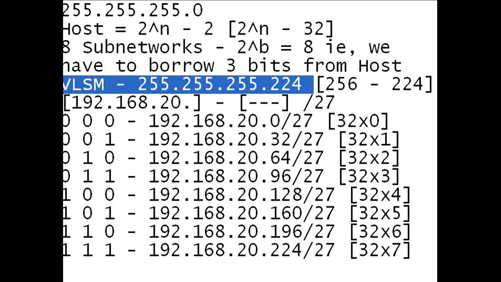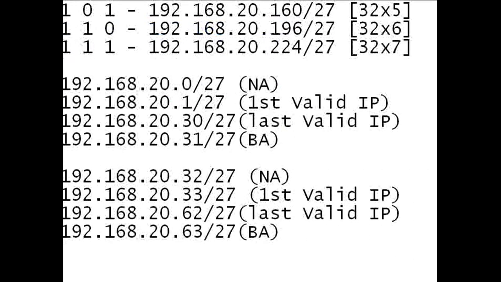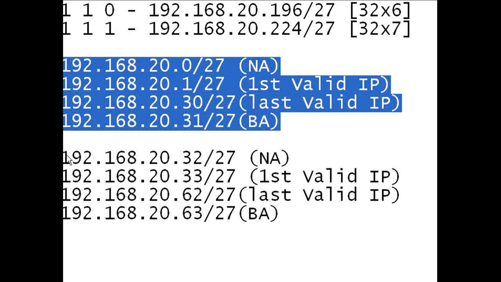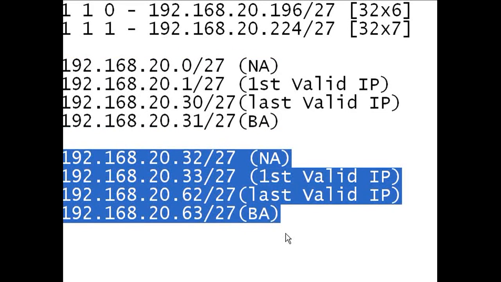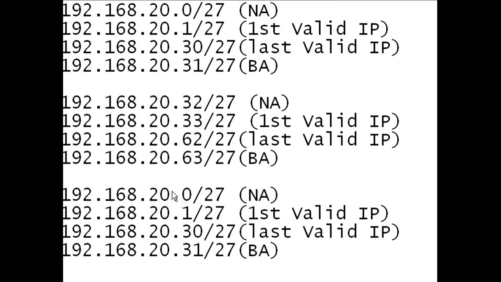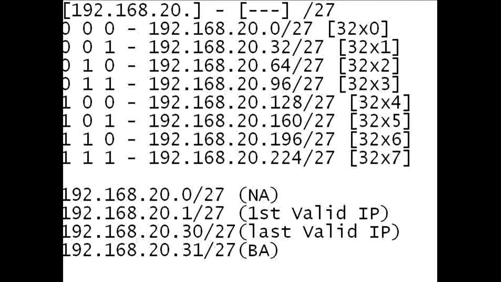The next one will start from 64. It will go till 95. Let's verify. Yeah, 95. 65 will be the first valid IP and 94 will be the last valid IP. The next one will vary from 96 to 127.